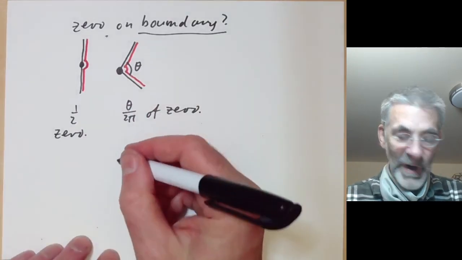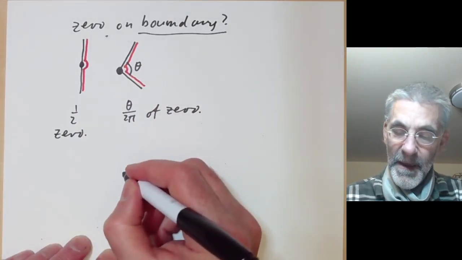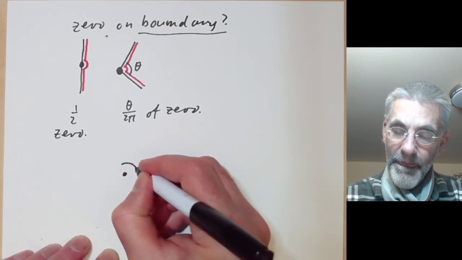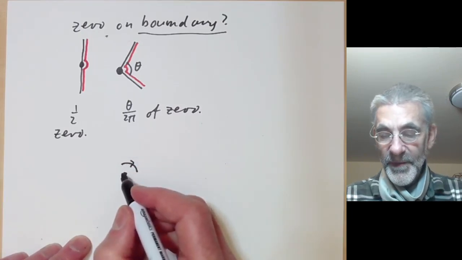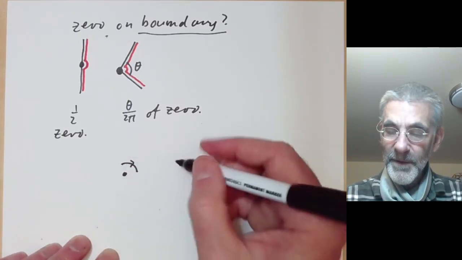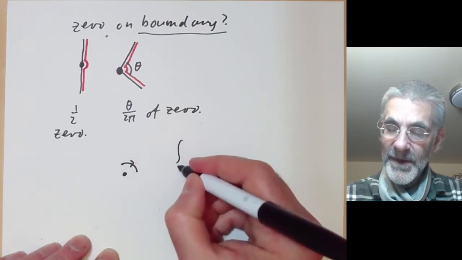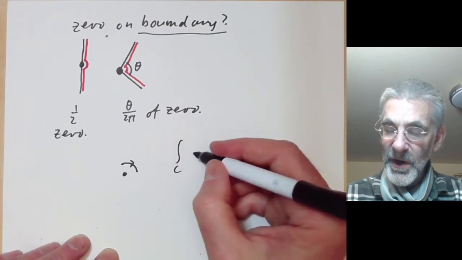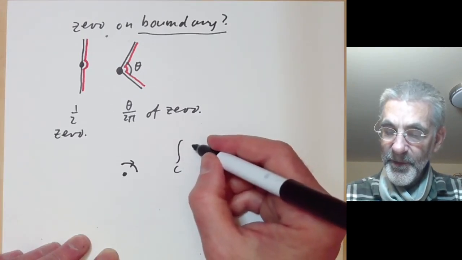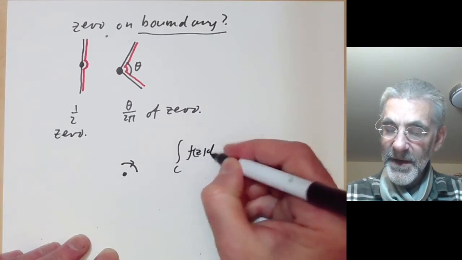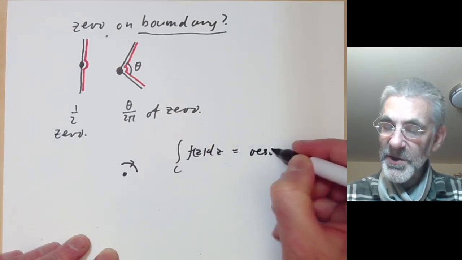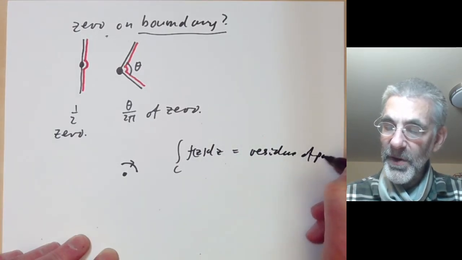The reason why this works is that if we go all the way around a simple pole, the integral of f(z) dz would just be the residue of the pole.